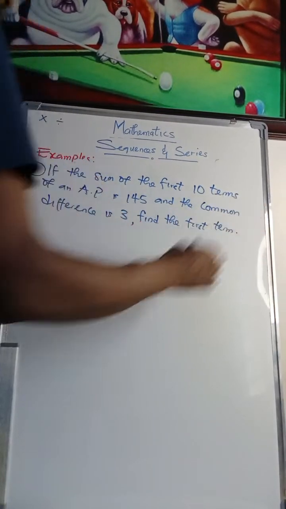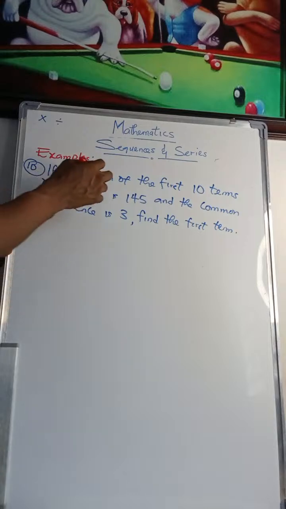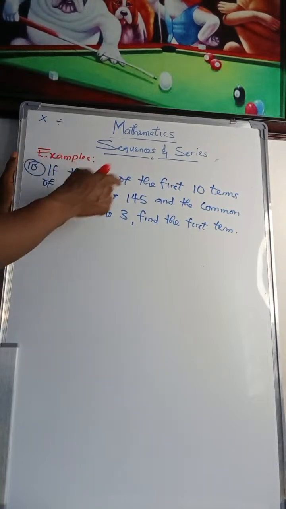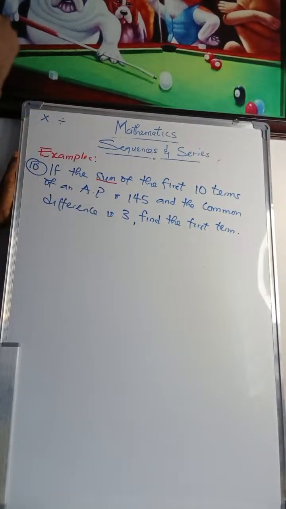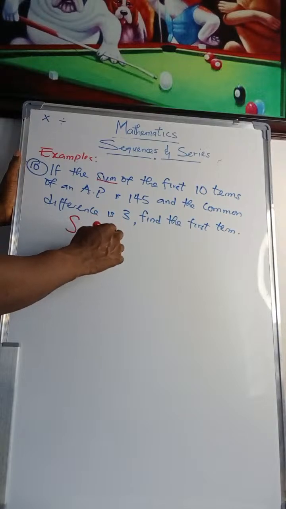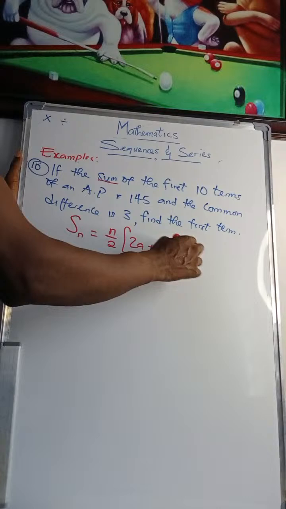All right, so this is an AP, and the first thing we do is write out what we have. It's very important. Now we are dealing with the sum of an AP, and this is the formula we use: S n equals n over 2 times 2a plus n minus 1 d.